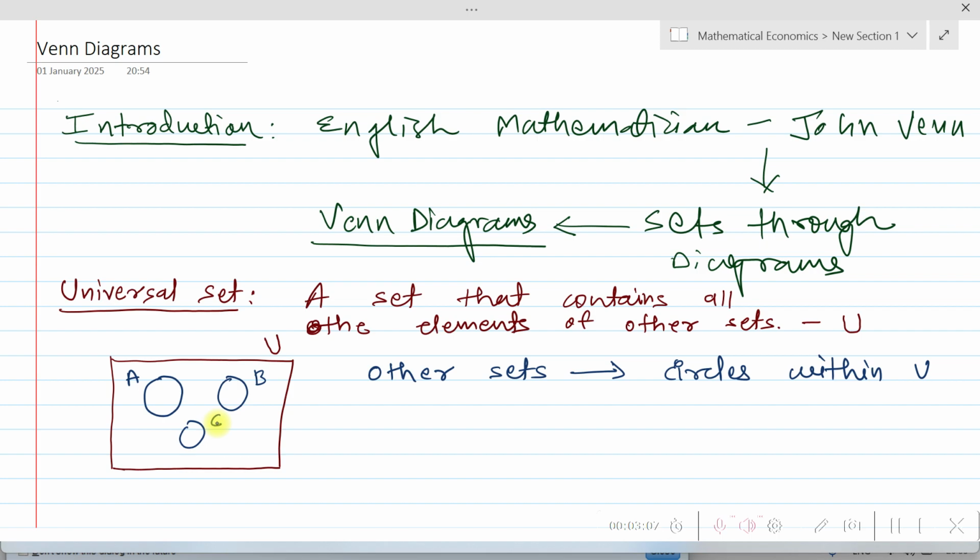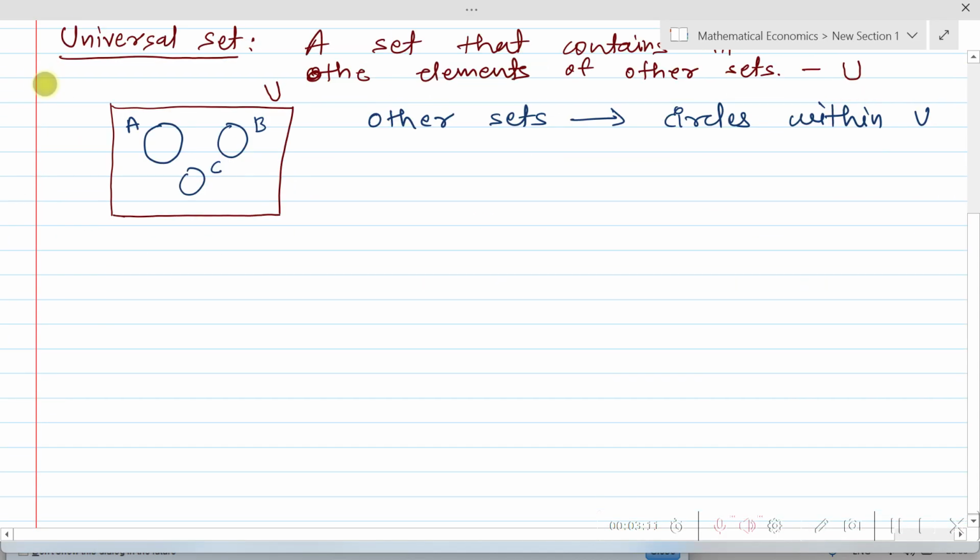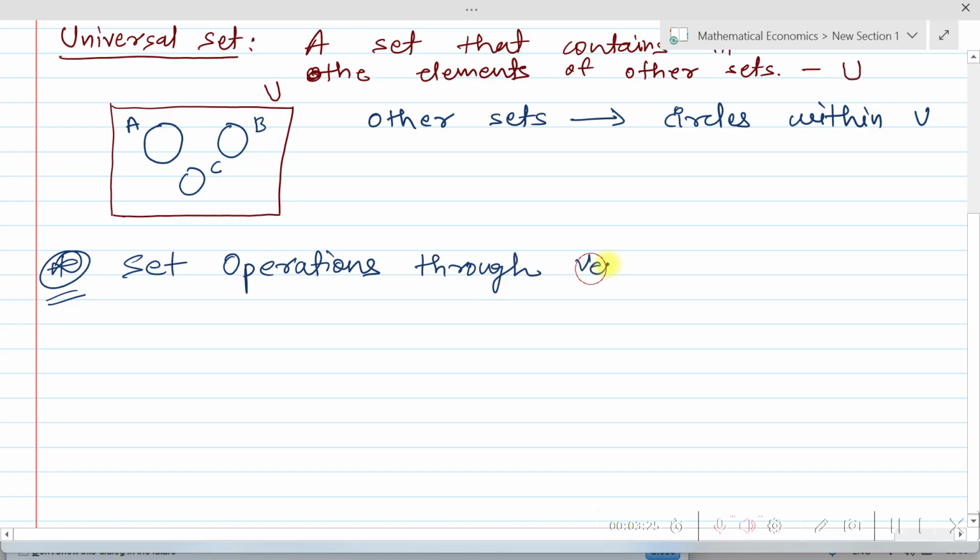Now let's understand set operations through Venn diagrams.